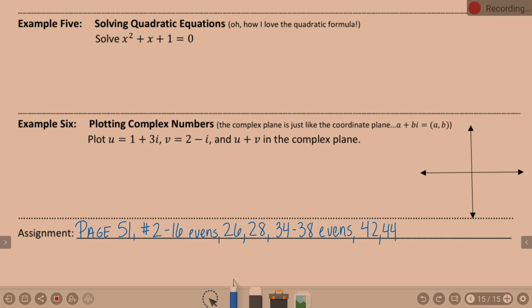Of course, with the quadratic formula, make sure your equation is equal to 0. What are my A, B, Cs? 1, 1, 1. A is 1, B is 1, C is 1. So, here we go. Negative B, so -1, plus or minus the square root of B squared, so 1 squared, minus 4 times A times C, all over 2A.